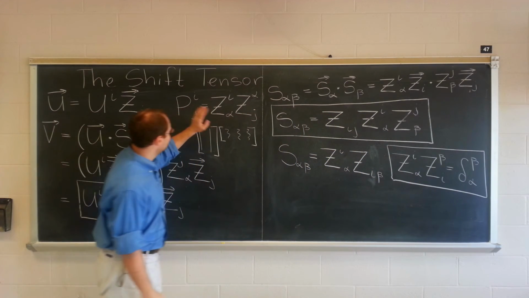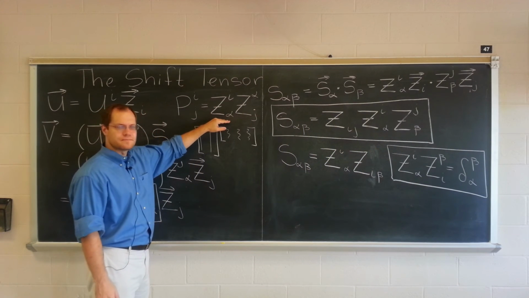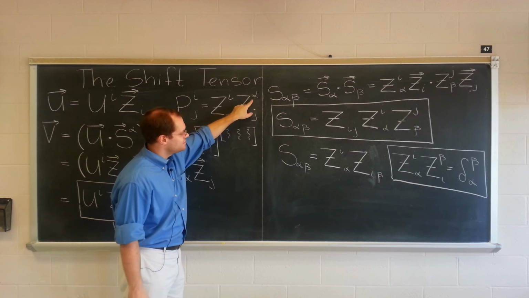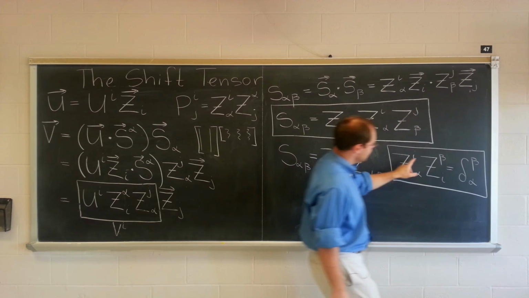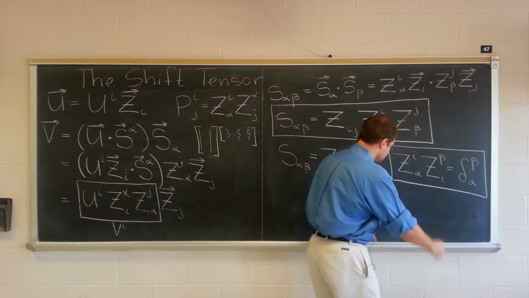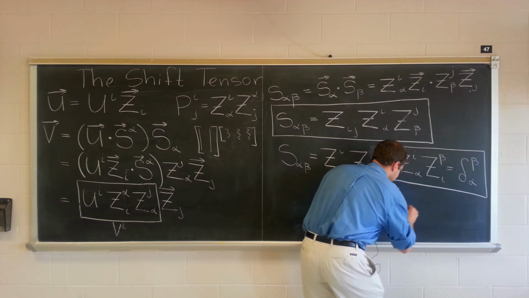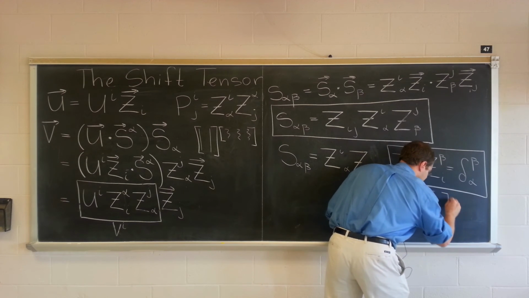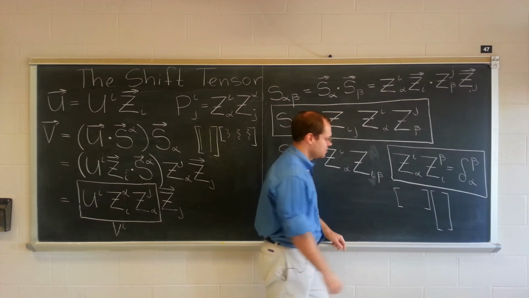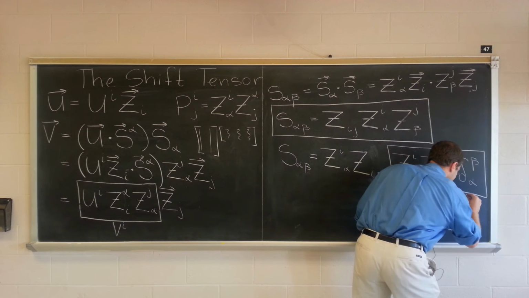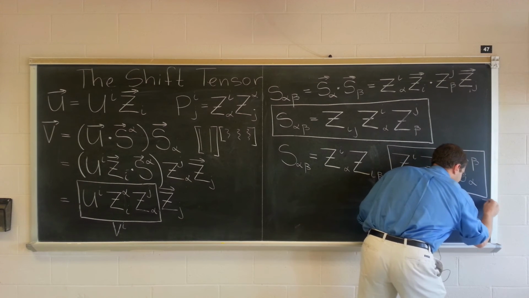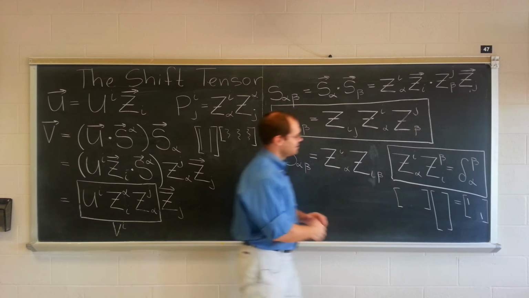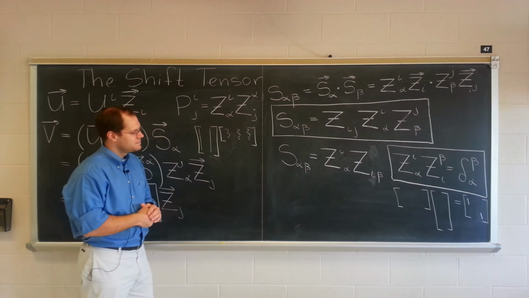A similar relationship to this one, but here we were contracting on the Greek index, and here we're contracting on the Latin index, which in matrix terms looks like this. We're now contracting on the longer of the two dimensions. So the result is 2 by 2. And not only is this matrix invertible, it's actually the identity matrix.